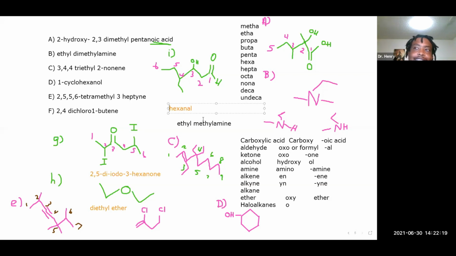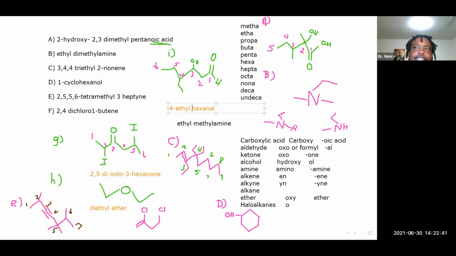Am I done? You have to call out number 3, number 4. Number 4 is an ether, but since it's not. So 4 is a what? Ethyl. Yeah. Okay. And 3?